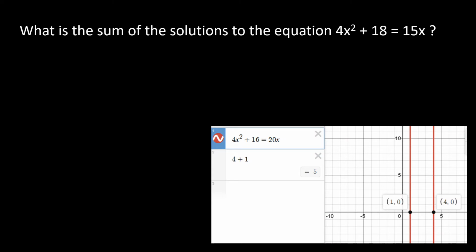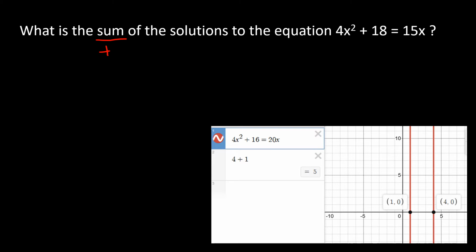Let's get started. So this first question says, what is the sum? Okay, so that's going to be important to know. I want to know the sum. That means the addition of the solutions of the equation 4x squared plus 18 equals 15x. And so when we've covered solving for these types of equations, it is quadratic.